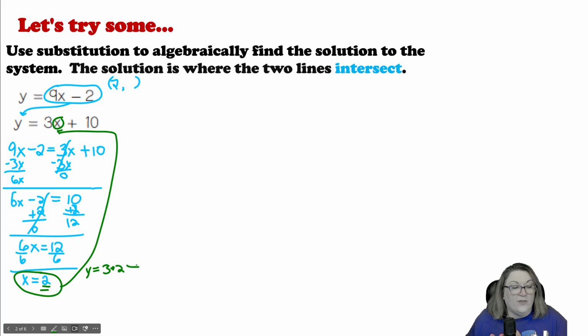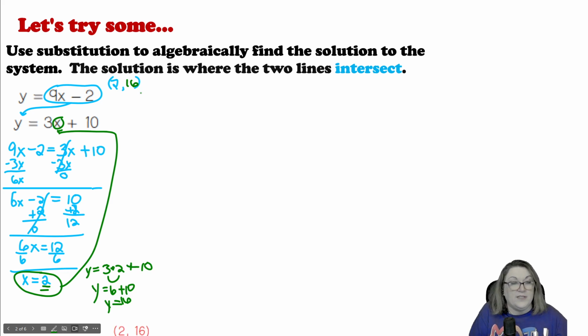I have the plus 10 over here. And so to finish solving this, I need to multiply the 3 and the 2 together first before I add the 10. And 3 times 2 is just 6. And when I add the 10 to that, I end up with a 16. So my y is actually 16. And that should be my final answer.